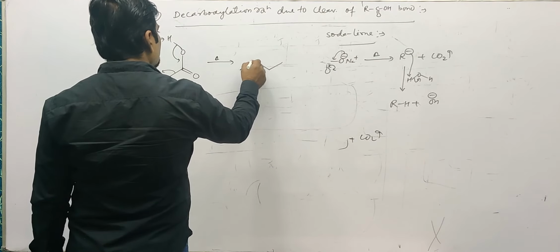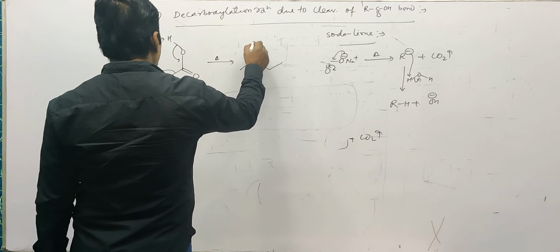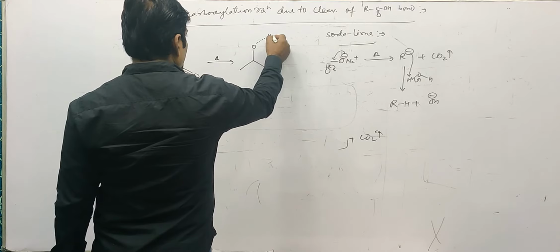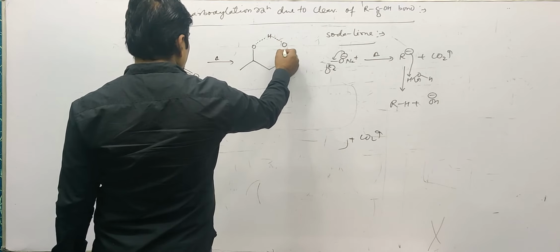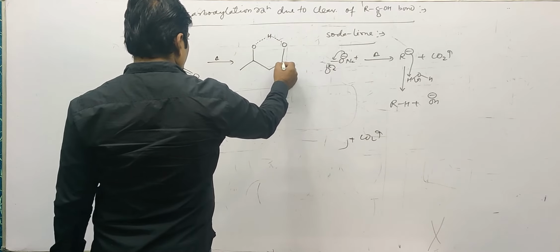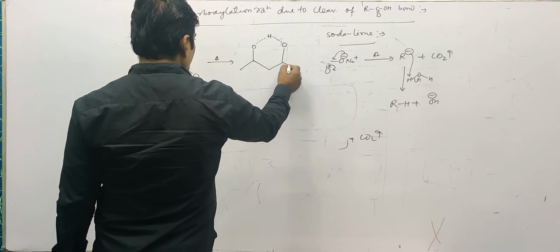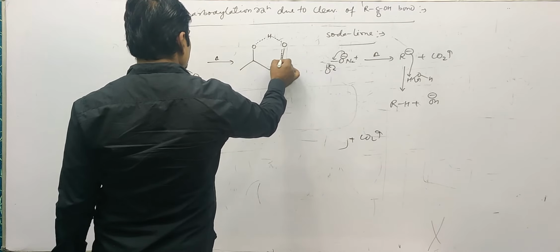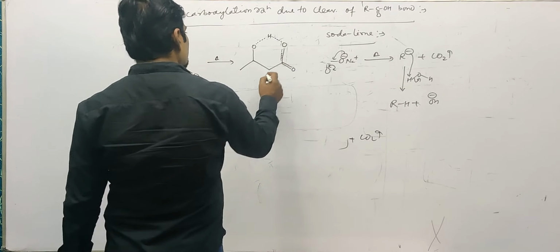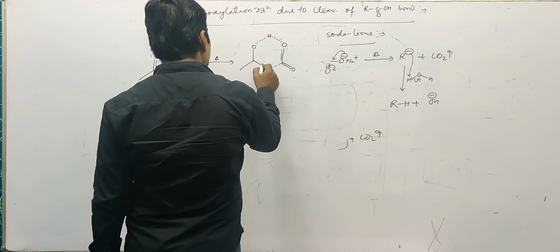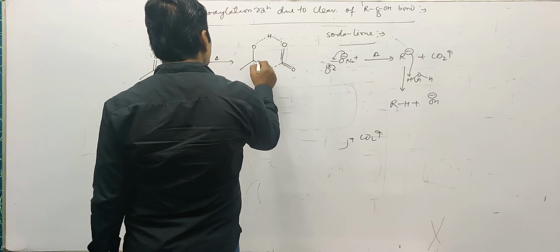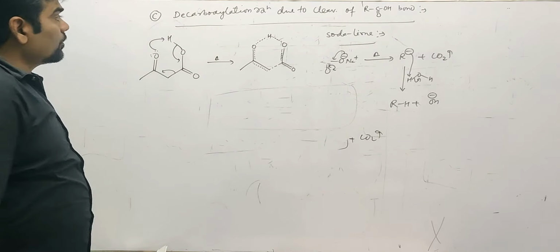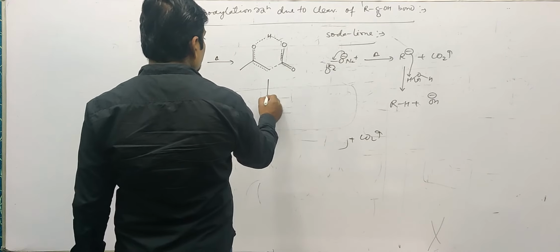There is a double bond O, over here also double bond O. This bond becomes weak, and there is a formation of a double bond. So this cyclic transition state takes place.